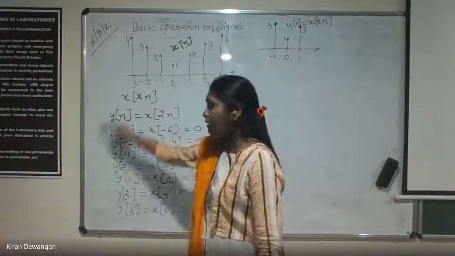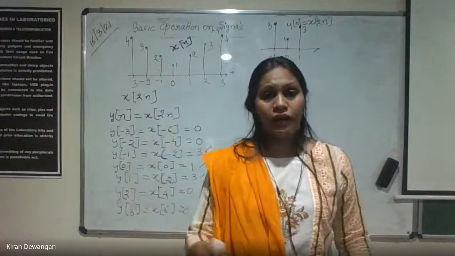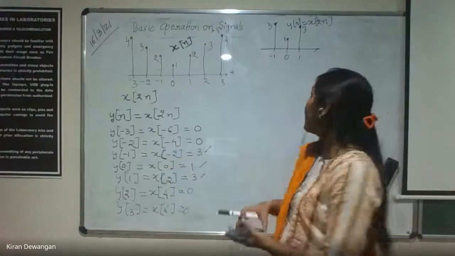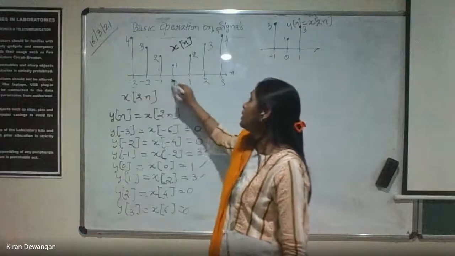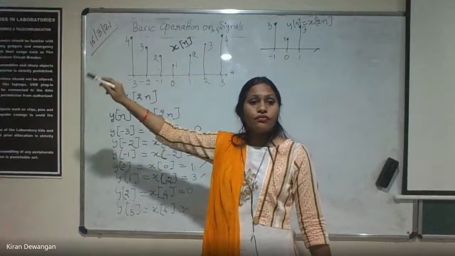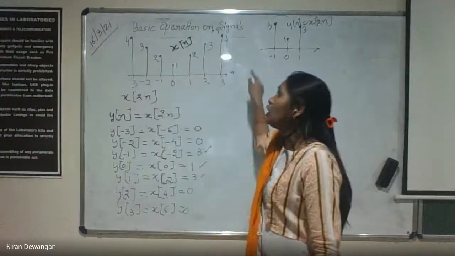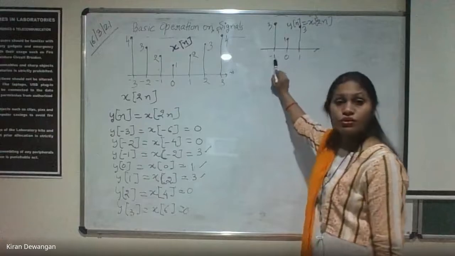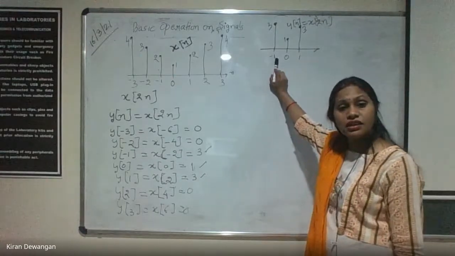Whatever y of n is, it is still discrete, right? So we cannot have these intermediate values. If we are performing any operation on this, whatever the result, it will have values only at integers.